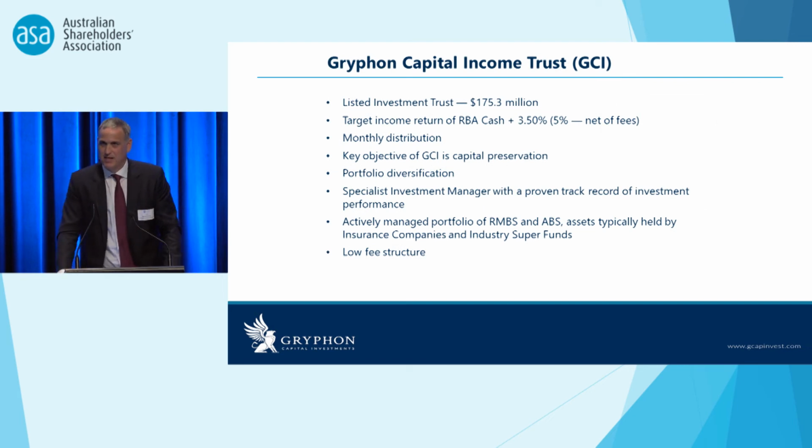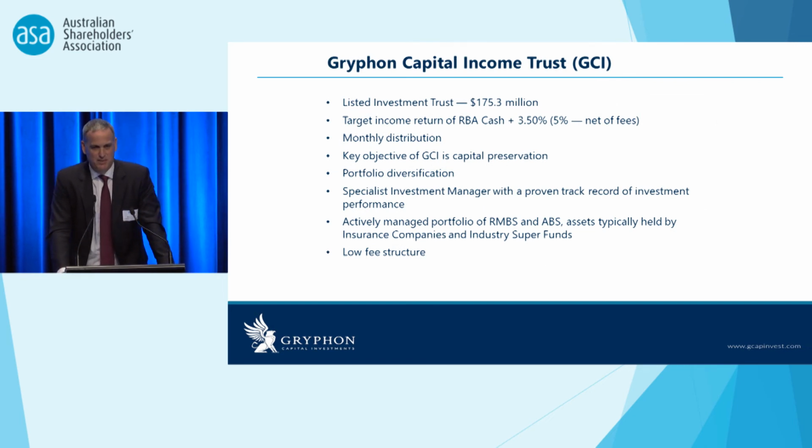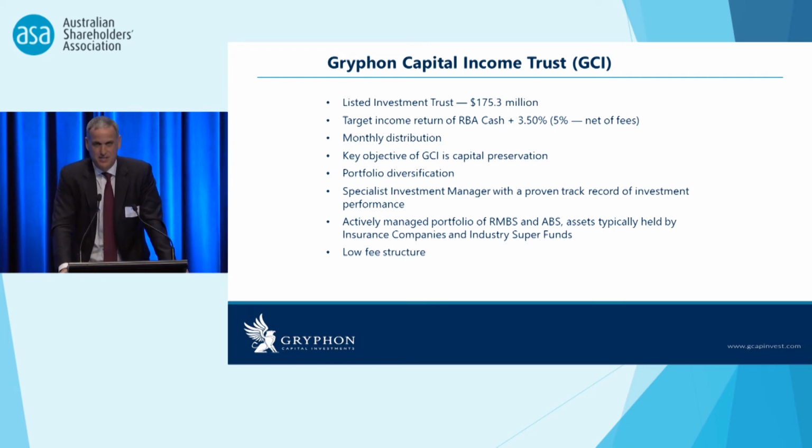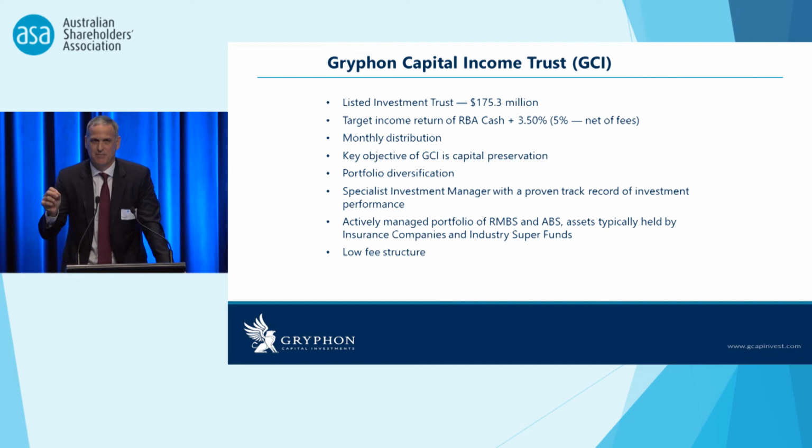So let's fast forward to our offering, the Gryphon Capital Income Trust. Financial markets love using acronyms and jargon, so GCIT, the GCIT offering, stands for the Gryphon Capital Income Trust. The target return is 5% net. This return is a floating rate return, and what we mean by floating rate, it's comprised of the cash rate plus 3.5%.